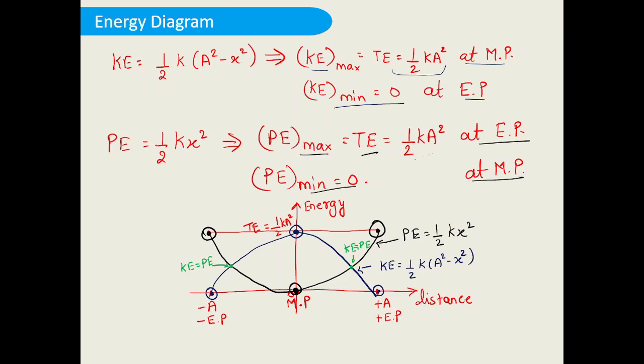Now, what is the distance here? When the kinetic energy and potential energy are equal, it is at x equal to minus a divided by root 2, and at x equal to plus a divided by root 2. At x equal to plus or minus a divided by root 2, the kinetic energy and potential energy are the same.